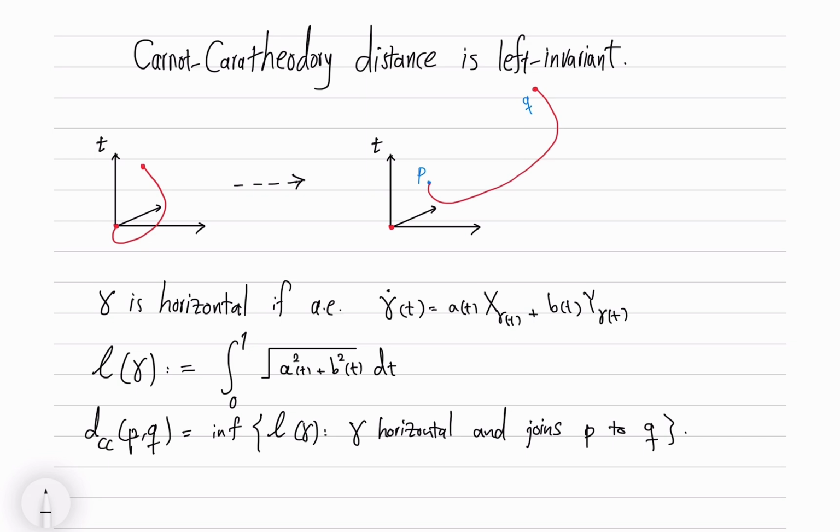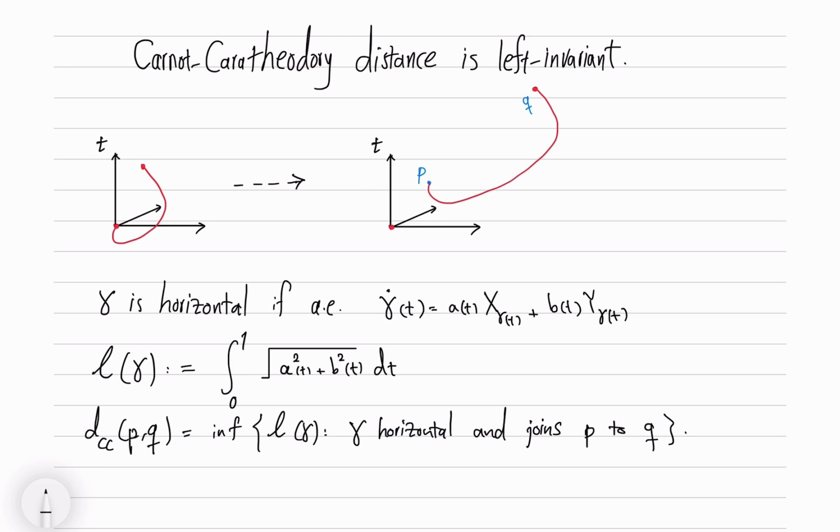For such curves, we define the length, assuming it's parameterized without loss of generality over 0, 1, by integrating this. In other words, we have declared X and Y to be unit length and perpendicular.